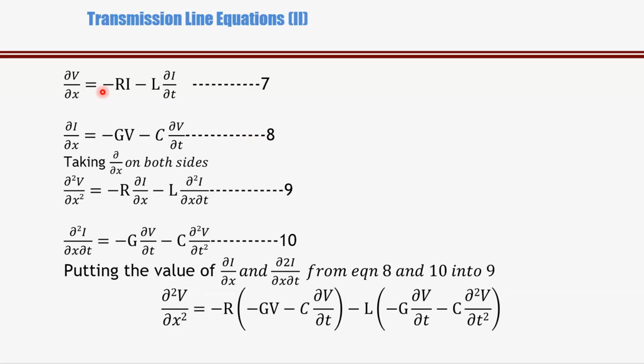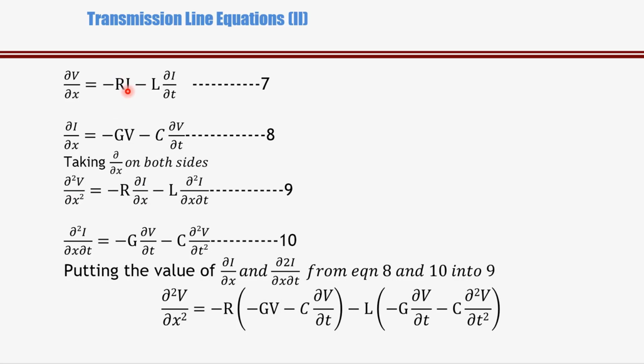Right, now these are the first order equations. If I again take the partial derivative of both the equations with respect to x, then what will I get? Dou 2 V by dou x square is equal to, I have taken the derivative of equation number 7 with respect to dou x. Dou 2 V by dou x square is equal to minus R dou I by dou x.